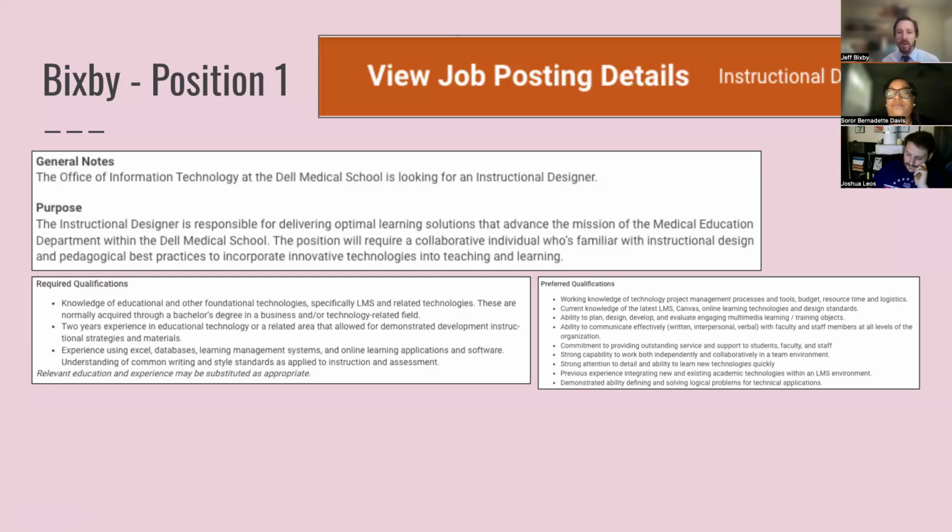The fact that this position requires at least 2 years of experience in educational technology is something that I expected, right? Just based on the job title. In terms of what I was surprised by, I already mentioned this: I was genuinely surprised that they were not necessarily looking for anybody that has a science or medical background.